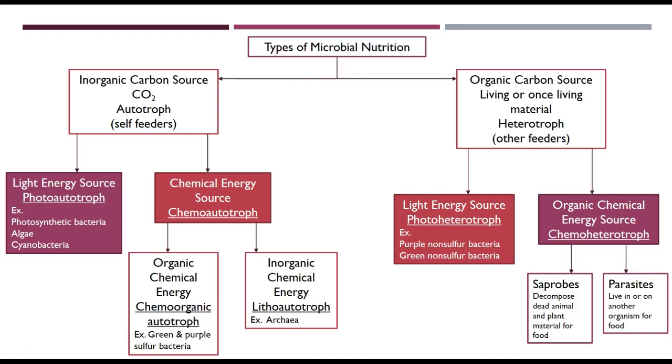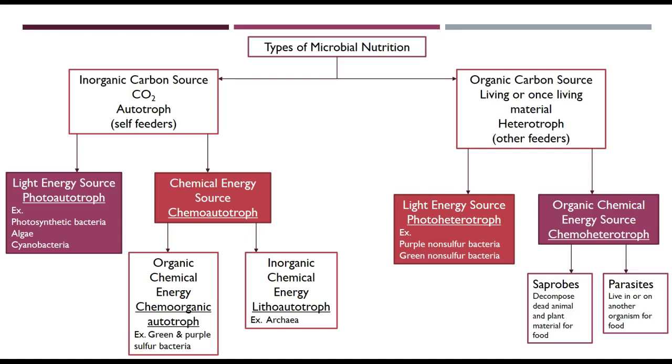Litho means rock. So these organisms are going to use inorganic sources both for their chemical energy as well as their carbon source. Archaea are typically found in this group of organisms. So now let's look at the organisms that rely on organic carbon as their carbon source, are heterotrophs.